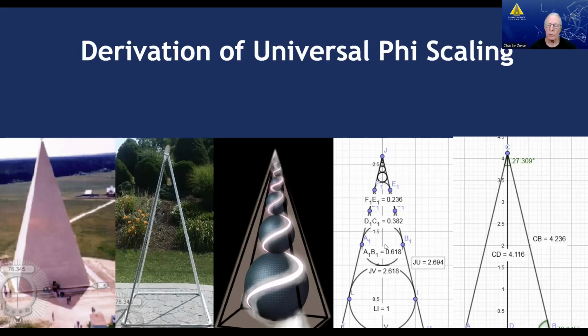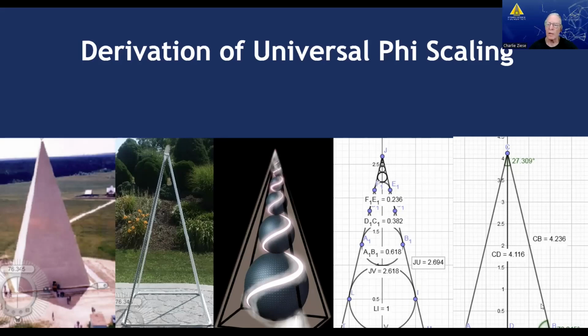So this was kind of why I decided to try this. And sure enough, when you do that process and you stack circles on top of each other and divide the previous diameter by the golden ratio, you get this series of circles or spheres. You can build in 2 dimensions a triangle around it, or in 3 dimensions a 4-sided pyramid, and you're going to come up with these geometric angles.